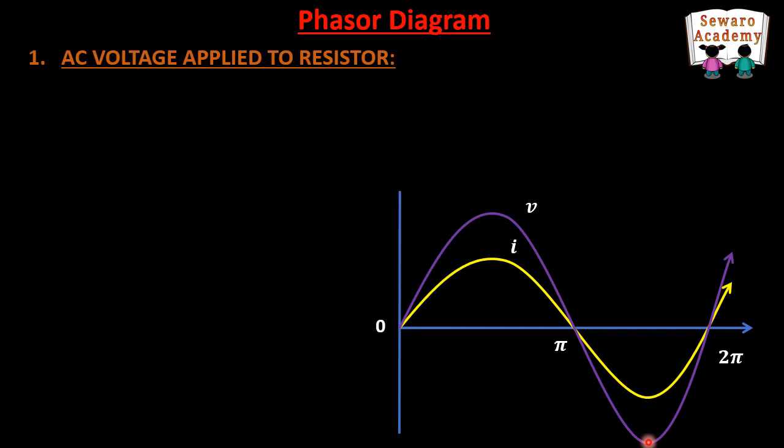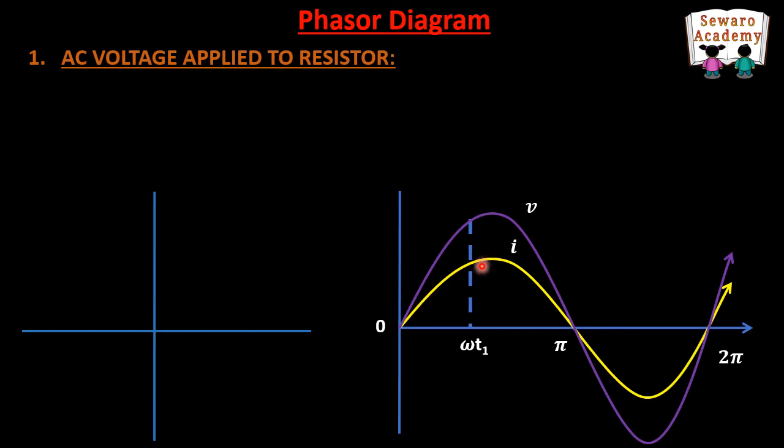Now in order to draw the phasor diagram, let's say at any time t1, we drop a vertical line, and this point is omega t1. Now on the left side, we draw an axis, and this is the origin of the axis.